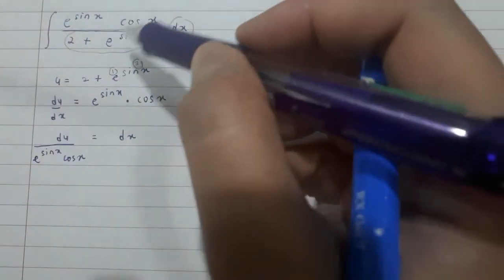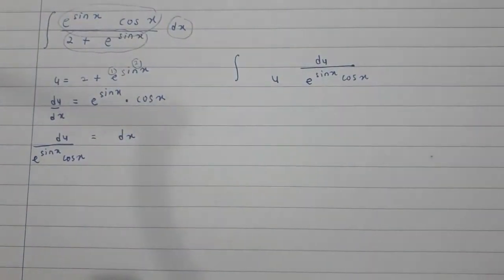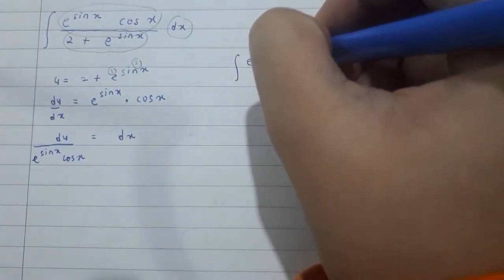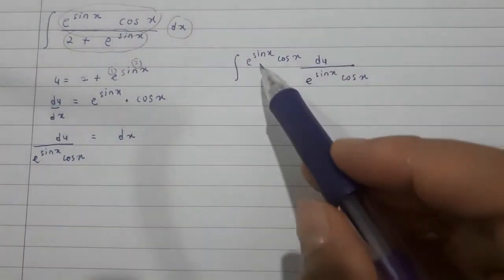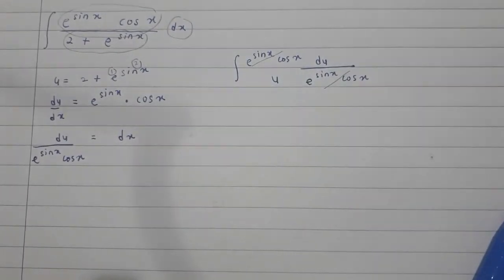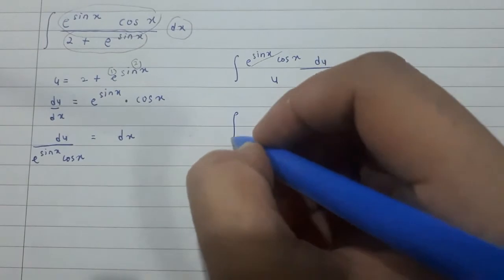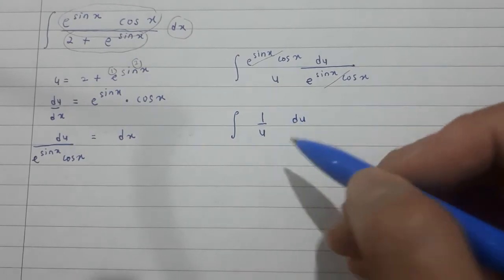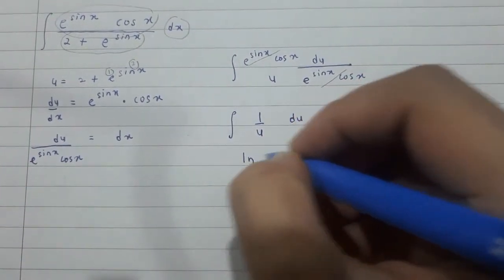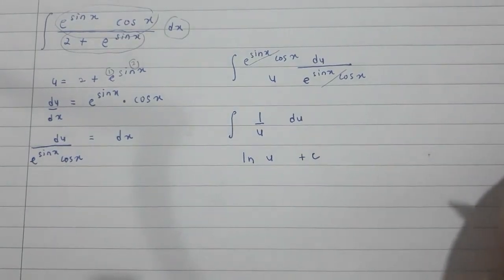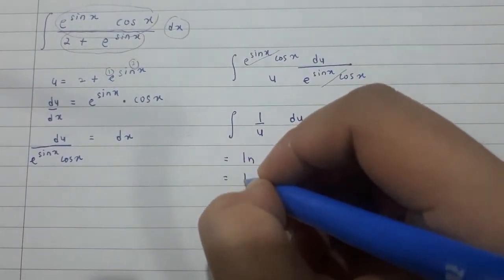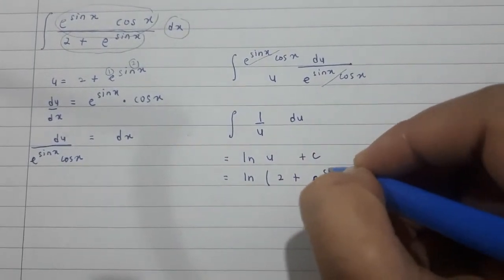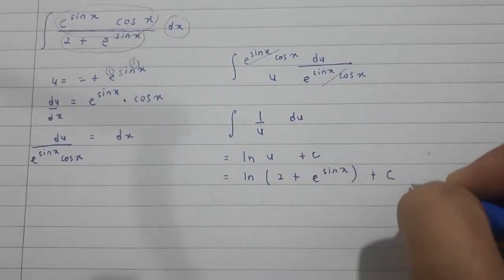And lastly, let's insert e to the power sin x cos x. From here, we can see that we can cancel out e to the power sin x cos x, and we are left with 1 over u du. So the integration of 1 over u is ln u plus c. As for the final answer, replace u by 2 plus e to the power sin x, plus c.